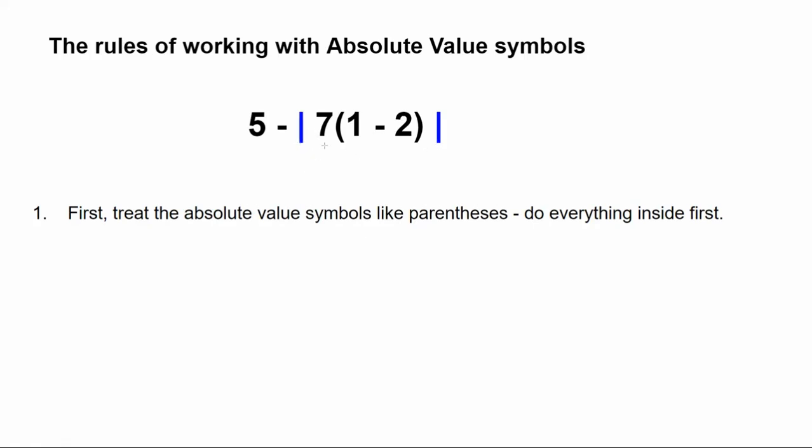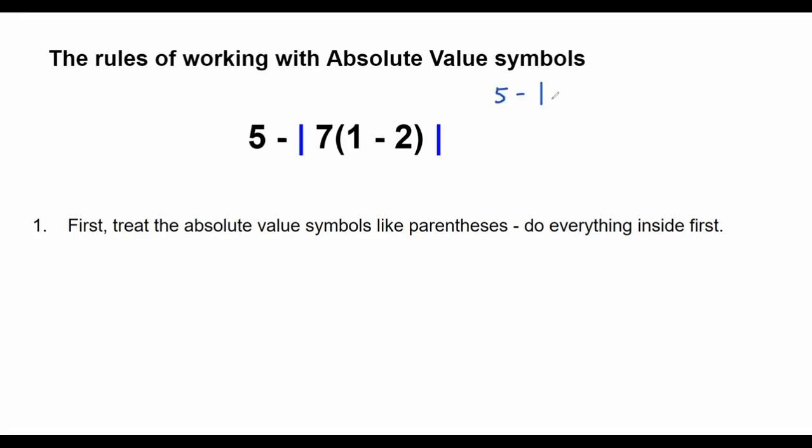Within our absolute value, we also have parentheses. So we have to do that first. So our first step of simplification might look like this. 5 minus the absolute value of 7 times 1 minus 2 is minus 1. So inside our absolute value, we have 7 times minus 1. So now let's do that multiplication.